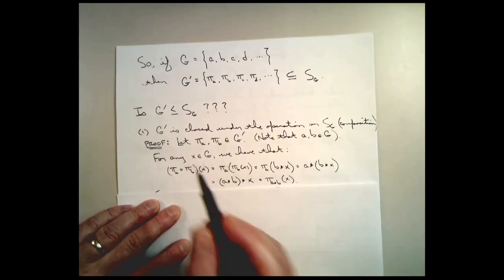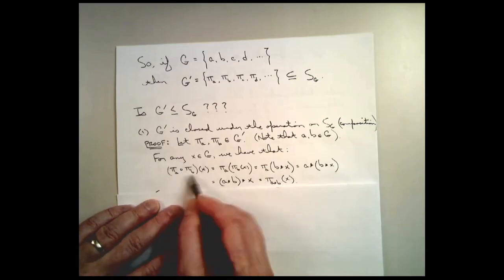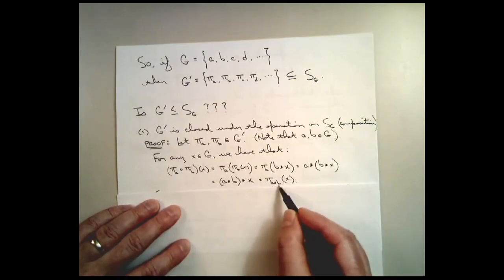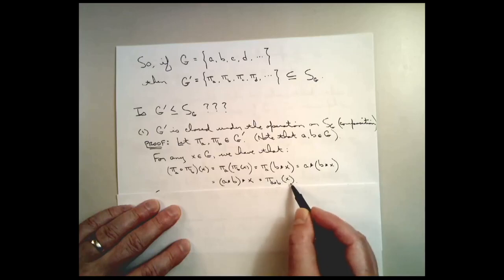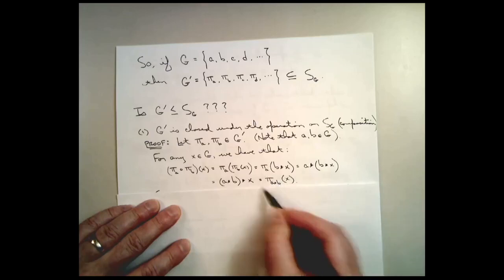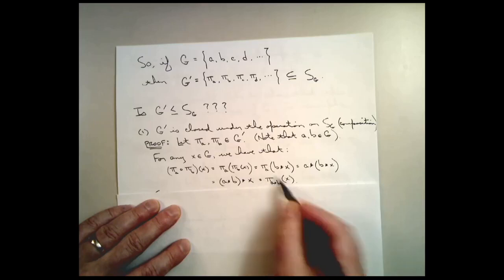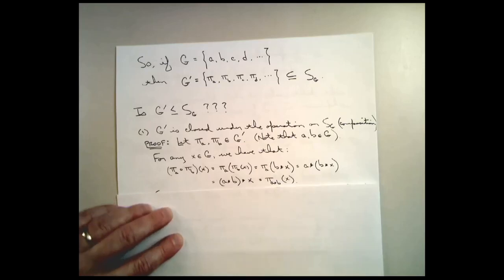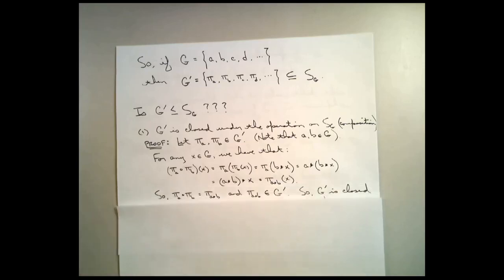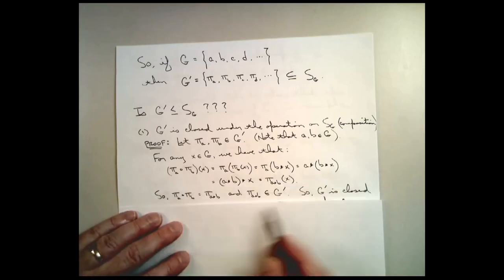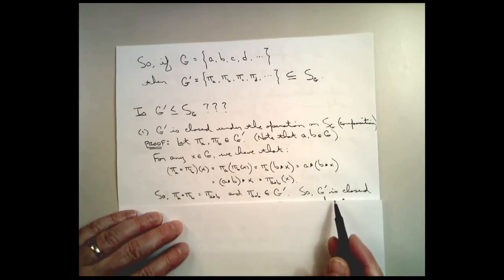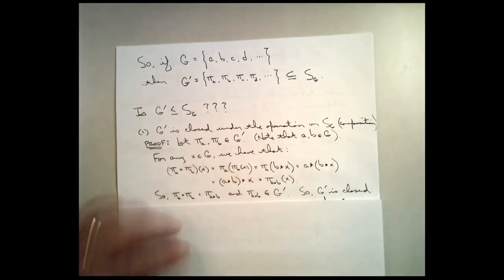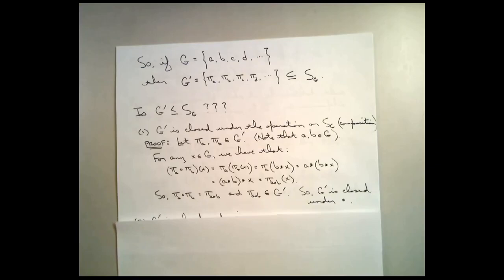So since this function does what this function does to each element x, and this function is in G prime, that must mean that this function is in G prime as well. And so what we have is that G prime is in fact closed. If I compose any two members of G prime, I get another member of G prime. It's closed with respect to composition.